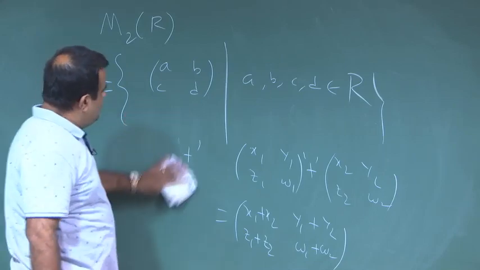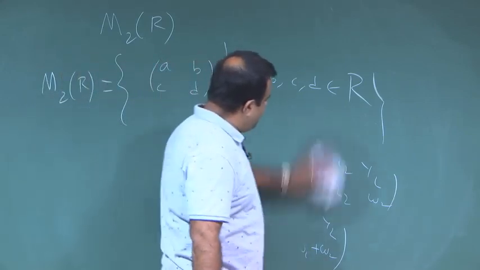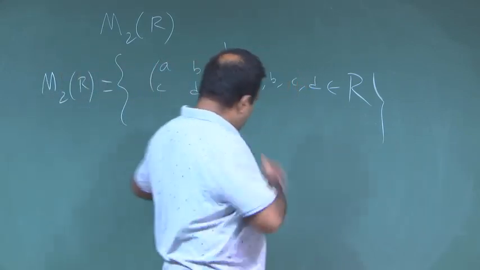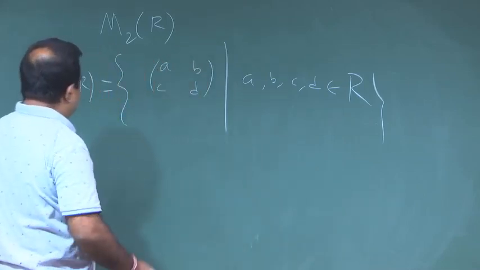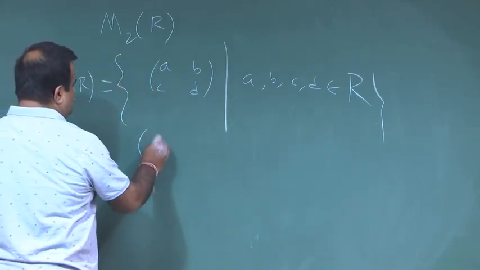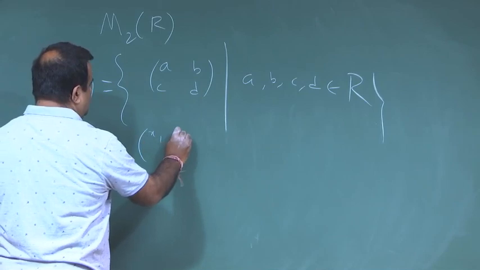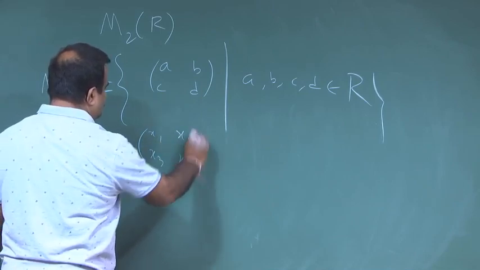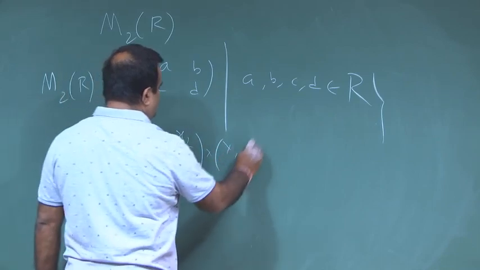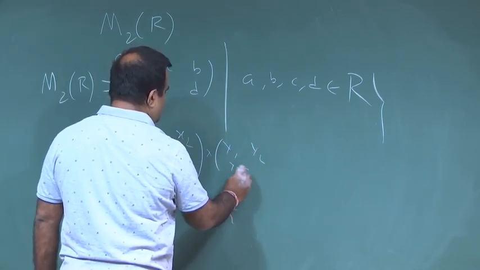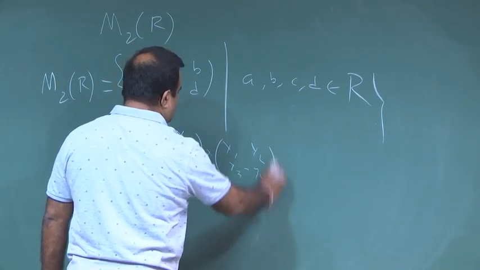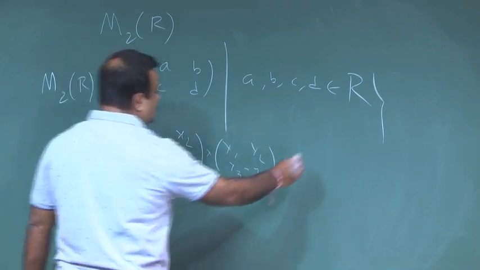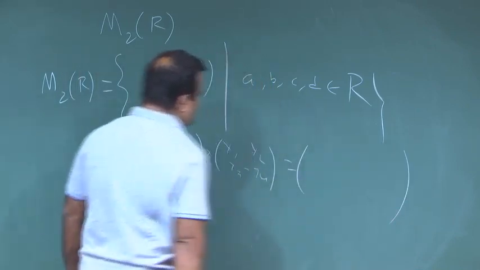Now, if we take the product, that means matrix multiplication, say how to define matrix multiplication, say x1, x2, x3, x4 into y1, y2, y3, y4. So, matrix multiplication will also give us a 2 by 2 matrix.